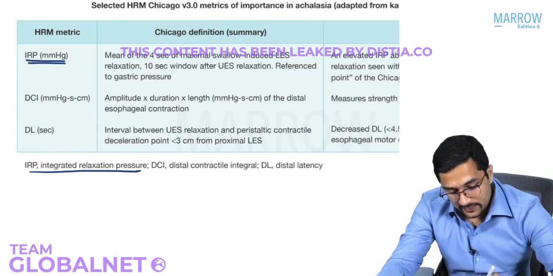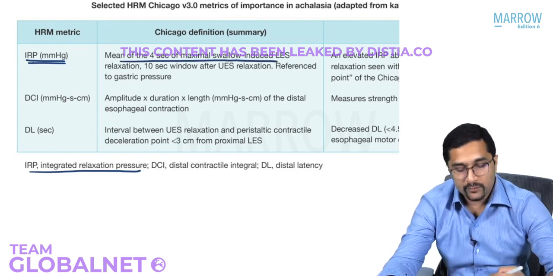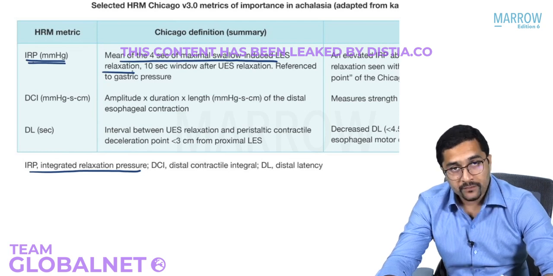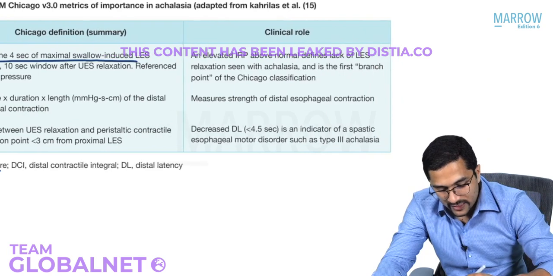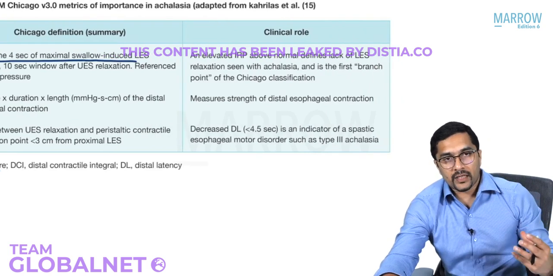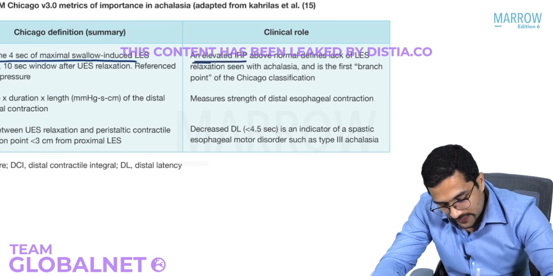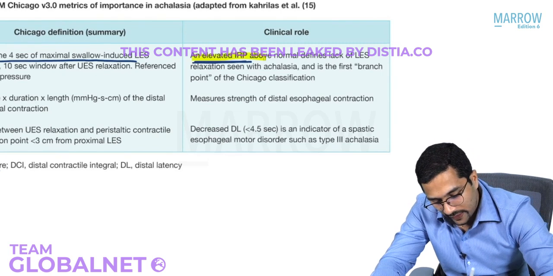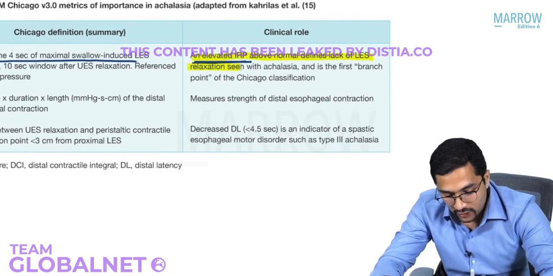This tells us the mean of the 4 seconds of maximum swallow-induced lower esophageal sphincter relaxation. So if there is an elevated integrated relaxation pressure above normal, that defines that lower esophageal sphincter relaxation is not occurring.